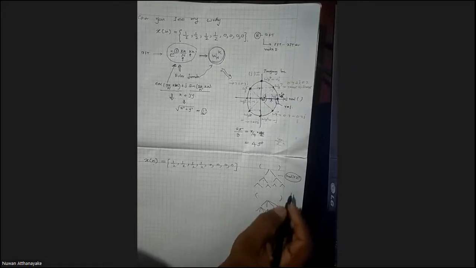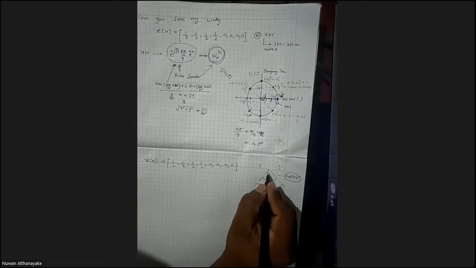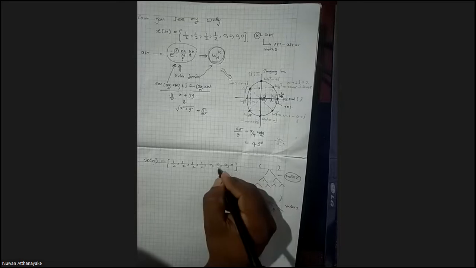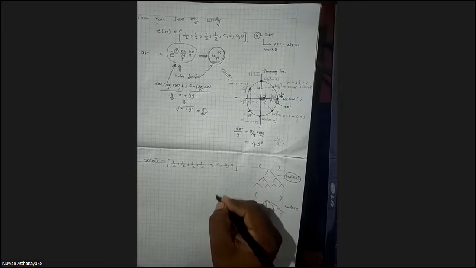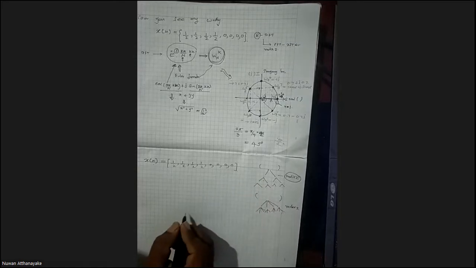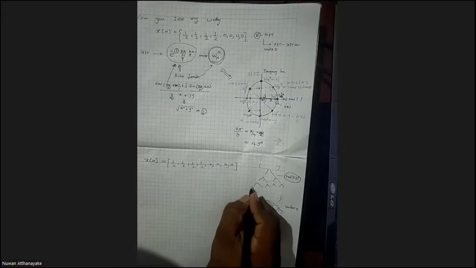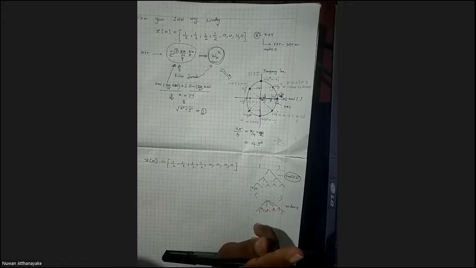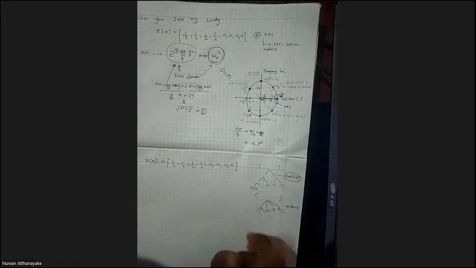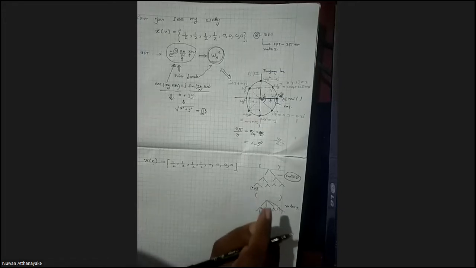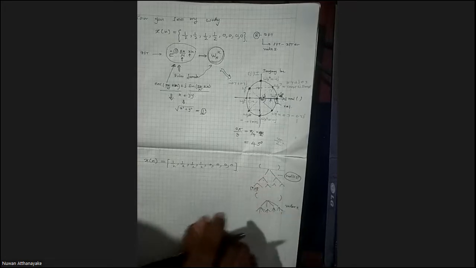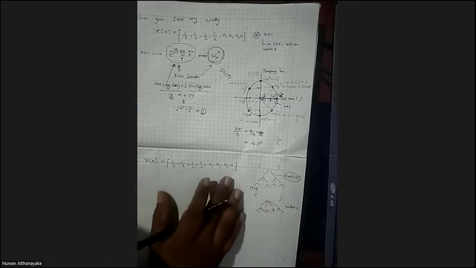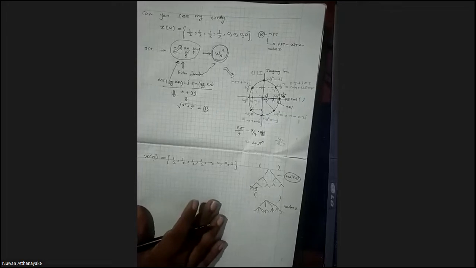That means you are going to divide the sequence into 2, 2, 2, until we get only 2 components in a group. When we are doing it, you can understand it clearly.